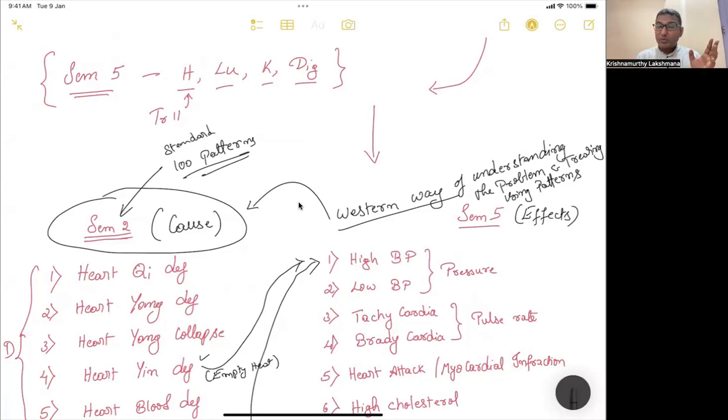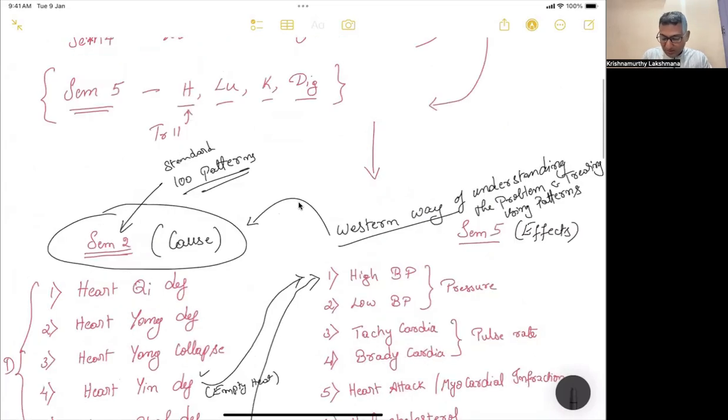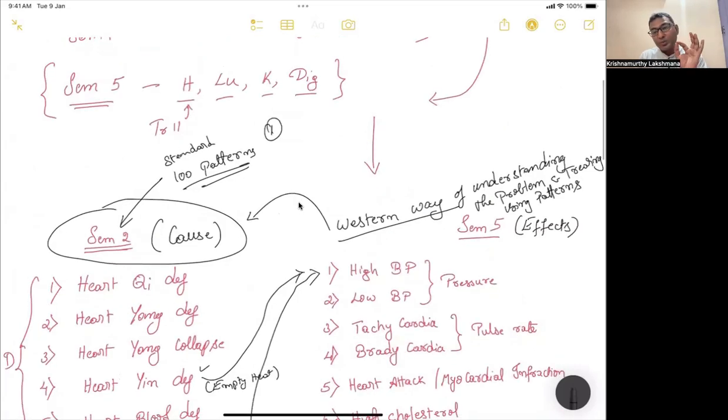I will explain this. You should be super good in these 100 patterns. That is the first step. Second, you should be good in converting the Western way of understanding a problem into our Eastern way of understanding it, that is, Western to TCM.